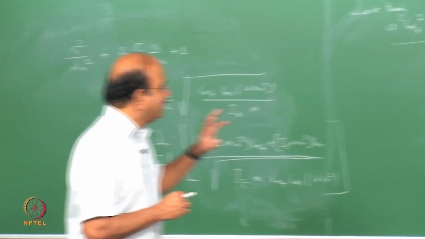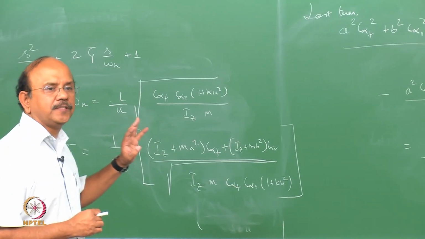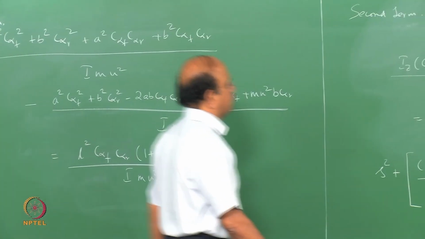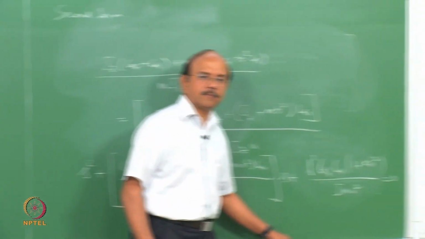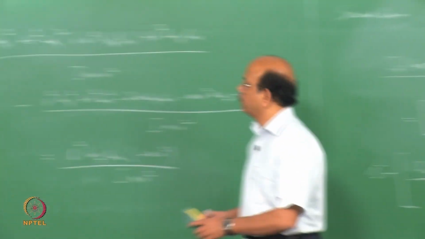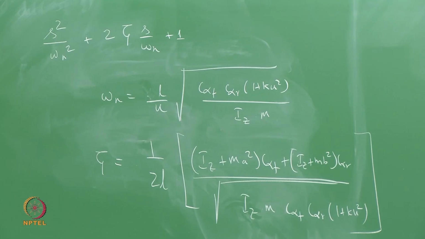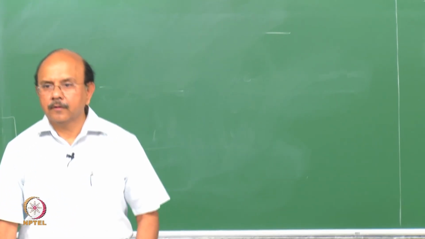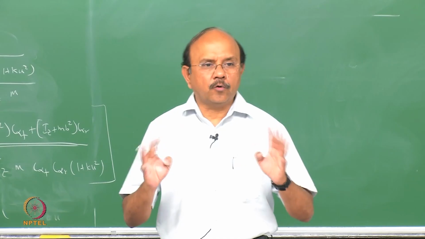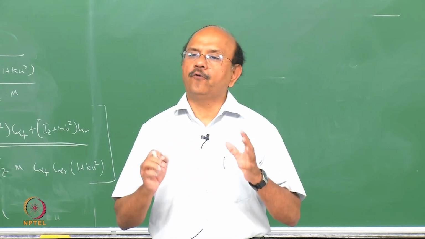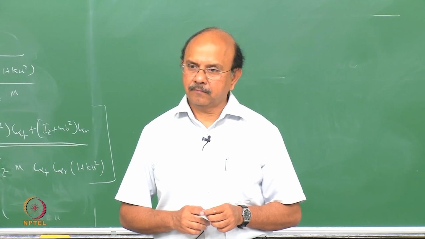Now, here we pick up a physical interpretation. What is the physical interpretation of these things? There are 4 quantities of interest. One of the quantities, I'll write the expression later. There are 4 quantities of interest in this.